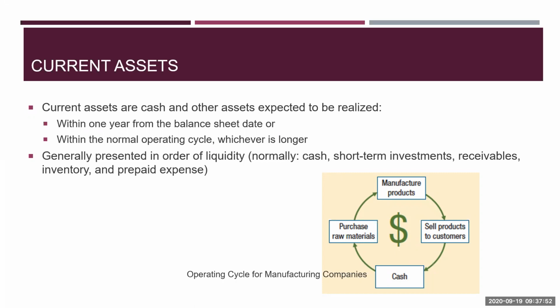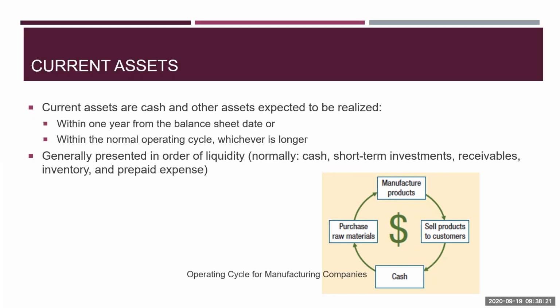That is the time from your raw material up until the time your product is sold, so converting cash to cash. We will consider the operating cycle and compare that against 1 year. Whichever is longer will determine if your transaction is a current asset or not. The same idea applies to your current liabilities as well.